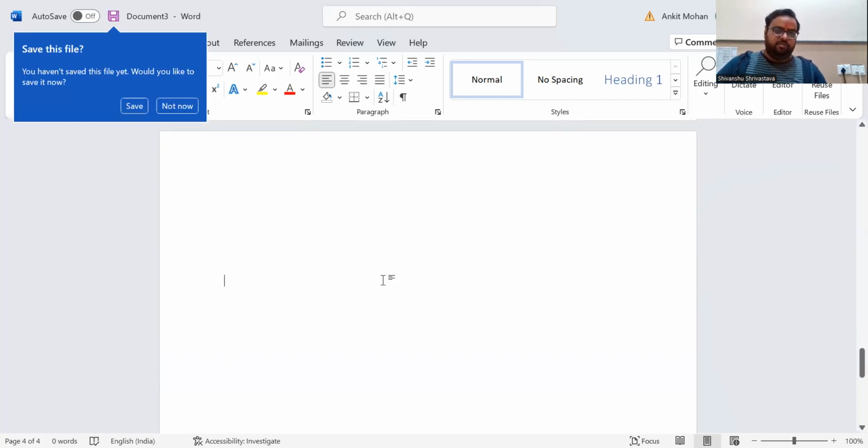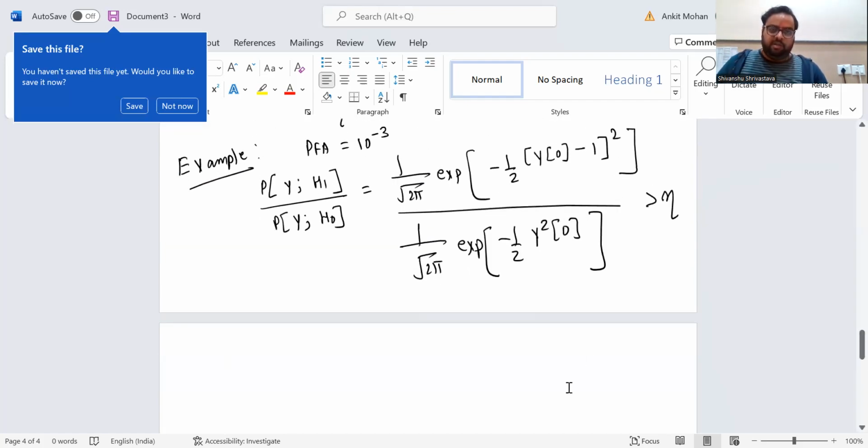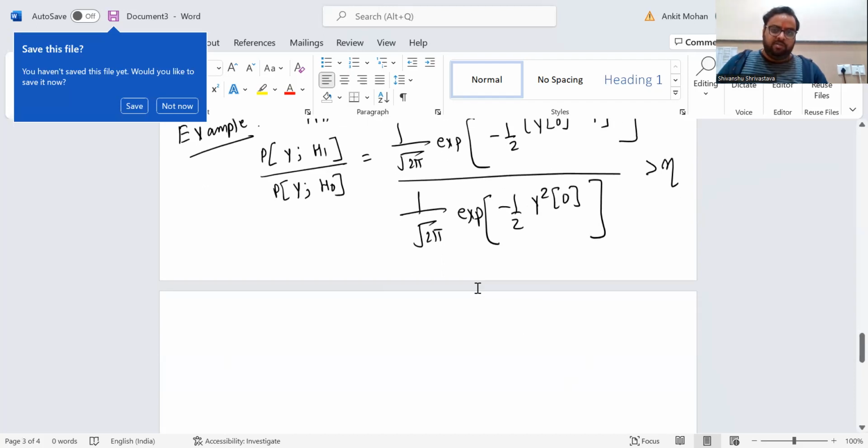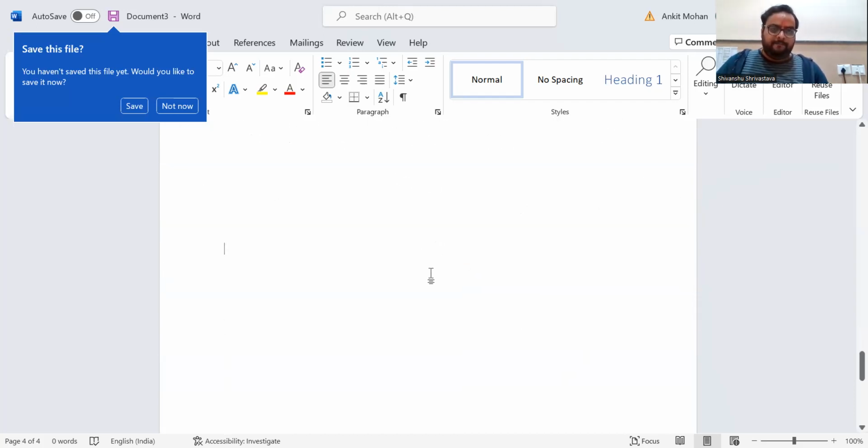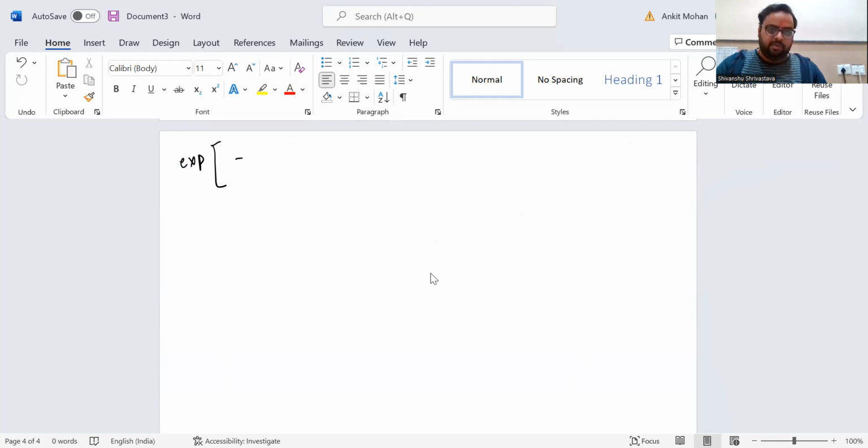Okay, so now when I take this exponential in the numerator, you can see that we have exponential minus 1 by 2, we have y square 0 minus 2y 0 plus 1, and we'll have minus y square 0 that is coming from the denominator, and this has to be greater than eta.